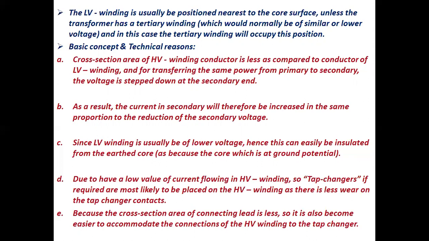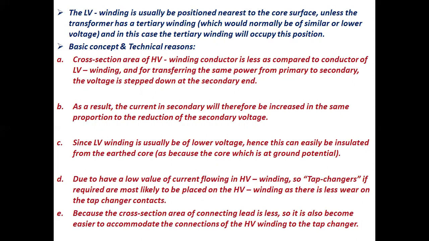Basic concept and technical reasons. Cross-section area of HV winding conductor is less compared to the conductor of LV winding, and for transferring the same power from primary to secondary, the voltage is stepped down at the secondary end.